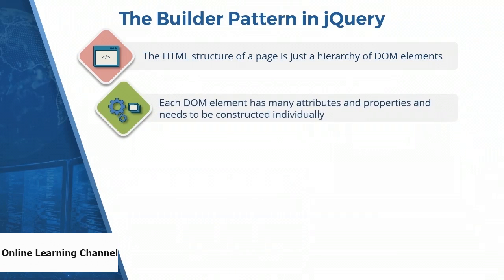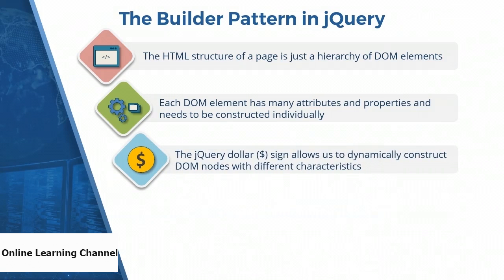Now, every DOM element has to be constructed and styled individually. Each DOM element has many attributes and properties, and when you construct this element, you need to specify the right values for all of these properties so that the constructed element looks and behaves like you want it to when it's embedded within your web page.